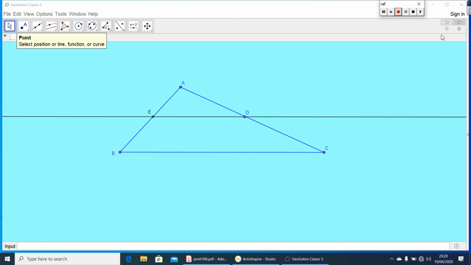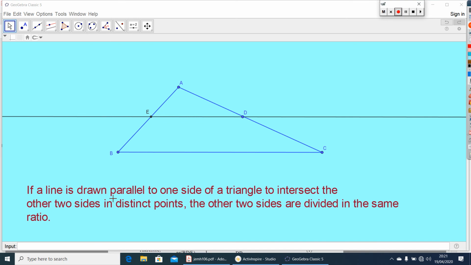This is what the basic proportionality theorem is. If a line is drawn parallel to one side of a triangle to intersect the other two sides in distinct points, then the other two sides are divided in the same ratio. Let us check it.